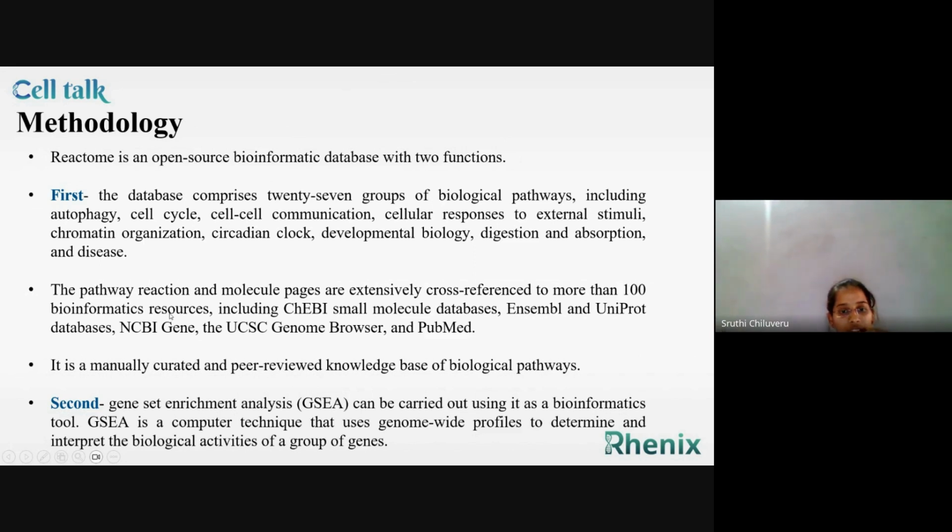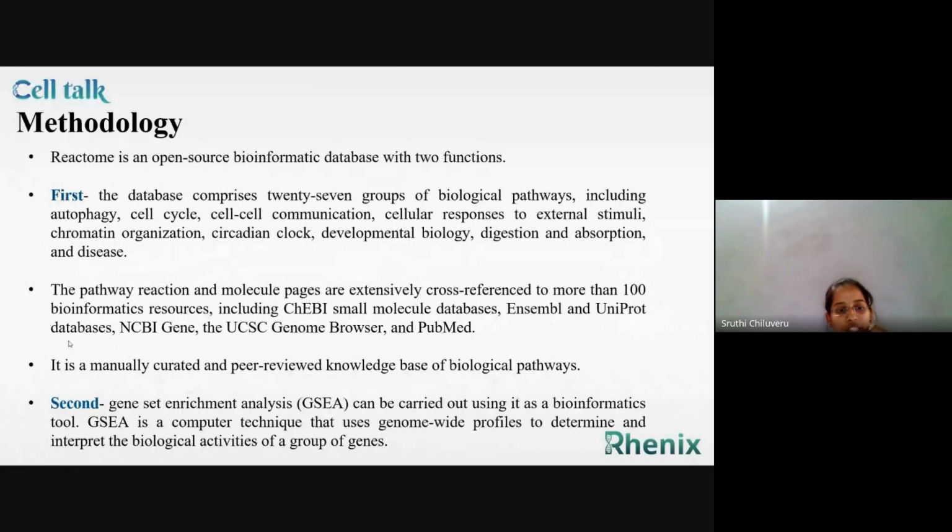The pathway reaction and the molecule pages were extensively cross-referenced to more than 100 bioinformatic resources, including the Chemical Entities of Biological Interest small molecule database, Ensembl and UniProt databases, NCBI Gene, and also the UCSC Genome Browser along with PubMed.